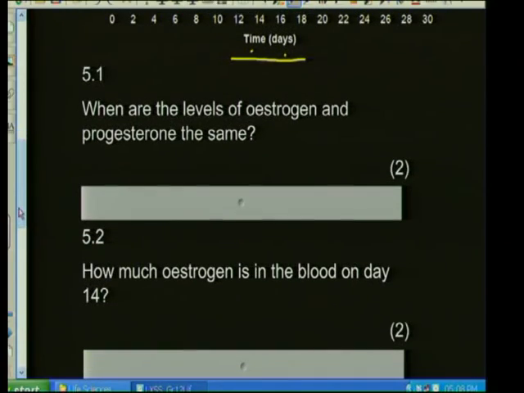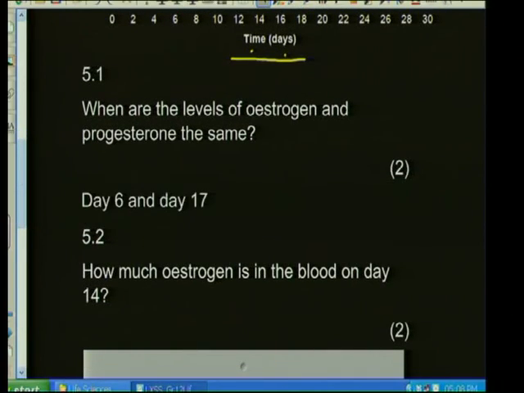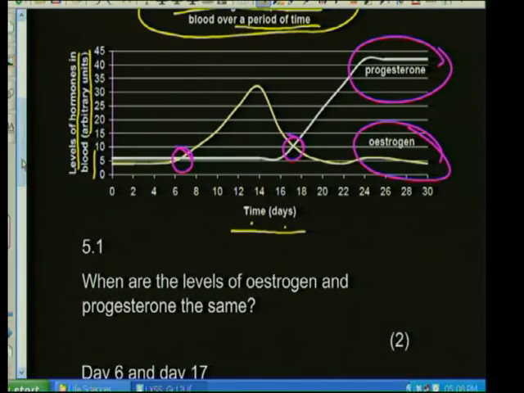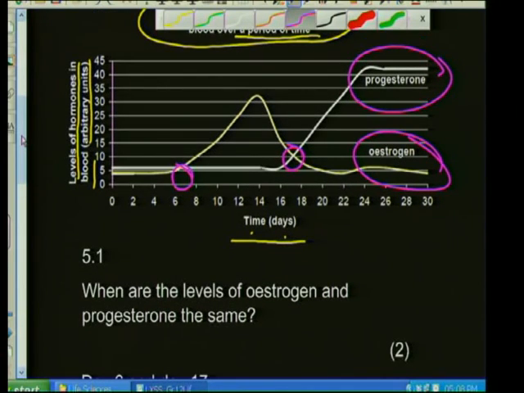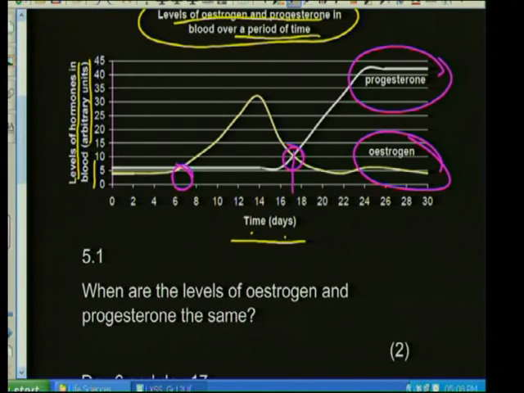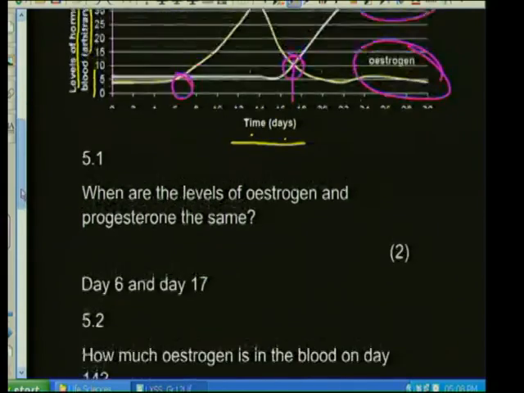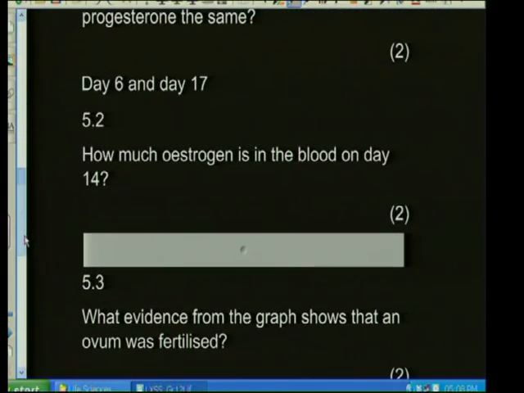At that point, or those points, they are the same. So day 6, there you have it. Around day 6. And day 17, that's this one coming down there, in between 16 and 18.